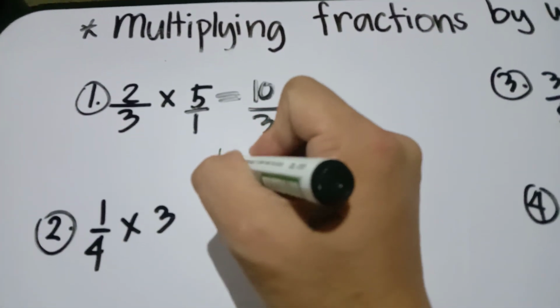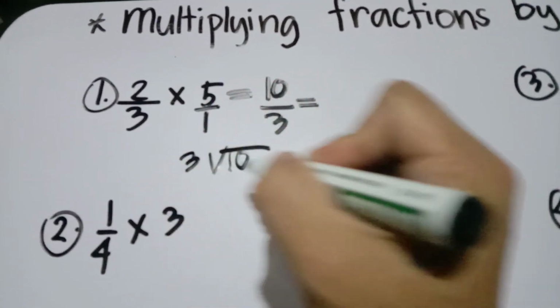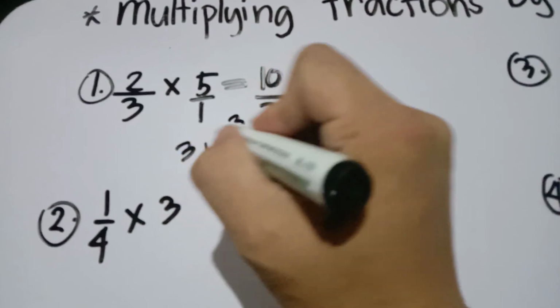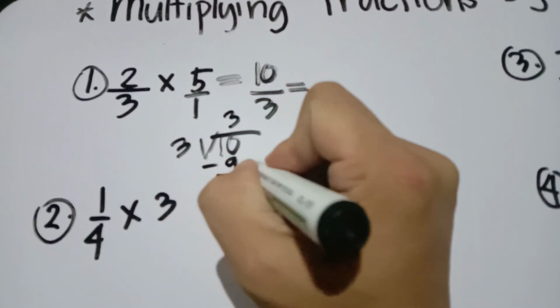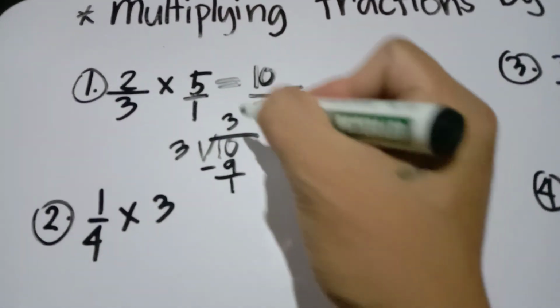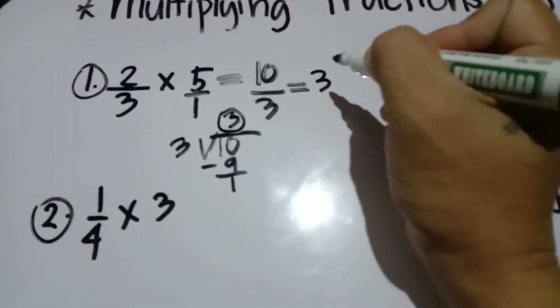Okay, we are going to divide 10 by 3. So, 10 divided by 3, that is equal to 3. 3 times 3, that is equal to 9. Then, subtract 10 minus 9, that is equal to 1. Okay, the quotient, the answer, will be our whole number.